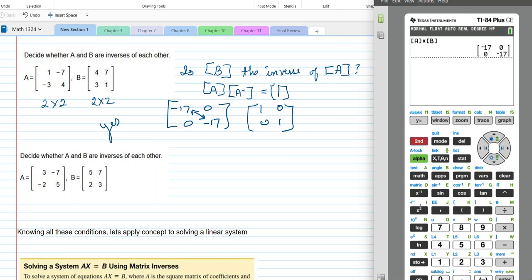Second quit, second matrix, edit, and we're going to go to the B. And we enter. Now we're going to put our information. And I'm going to put a 3, a 7, negative 7. Sorry about that.